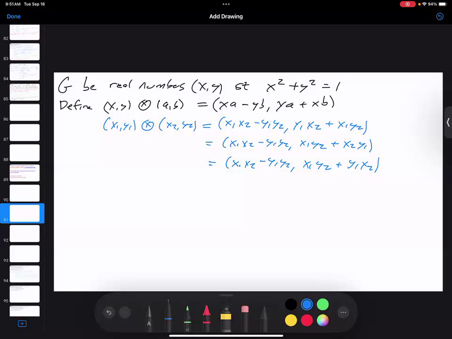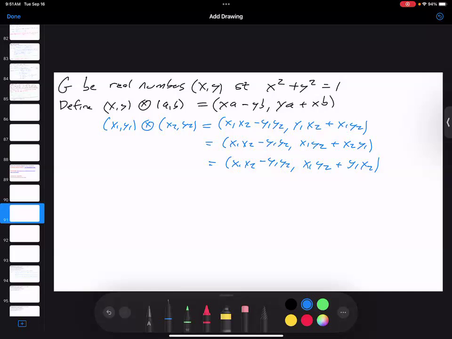So does y1 x2 plus x1 y2 equal x1 y2 plus x2 y1? Yes. Addition is commutative, multiplication is commutative. I can just put them in a different order. And by doing it this way, I'm starting off with the second one being defined with x1 coming first, my smallest item.